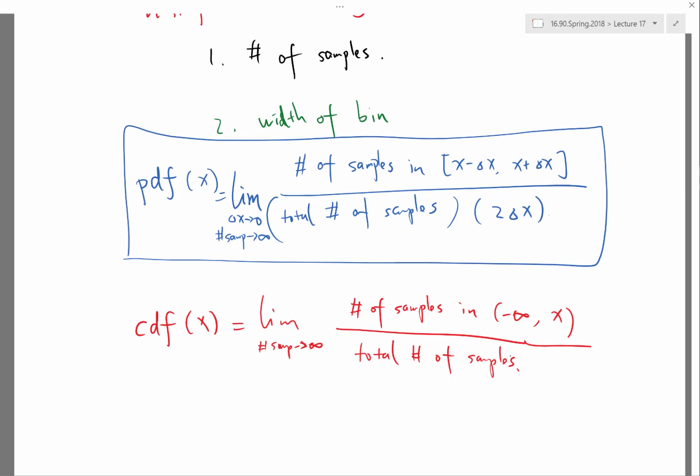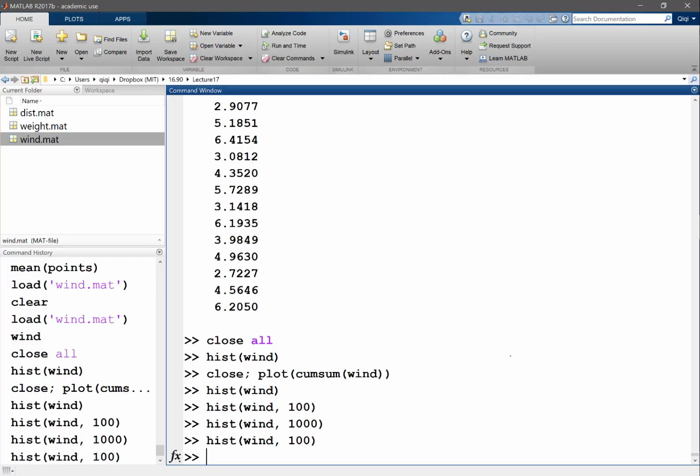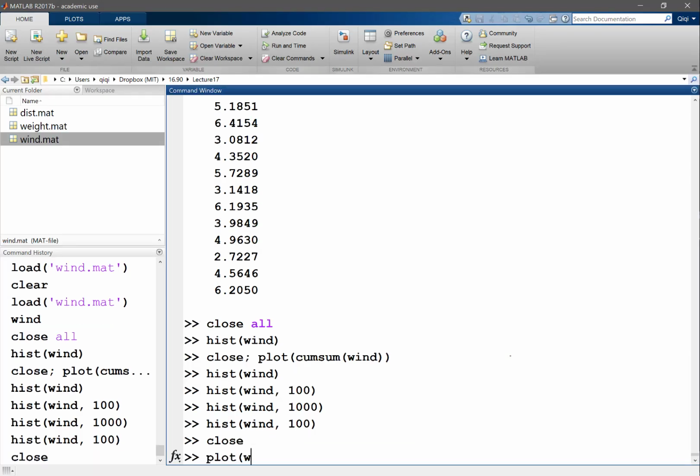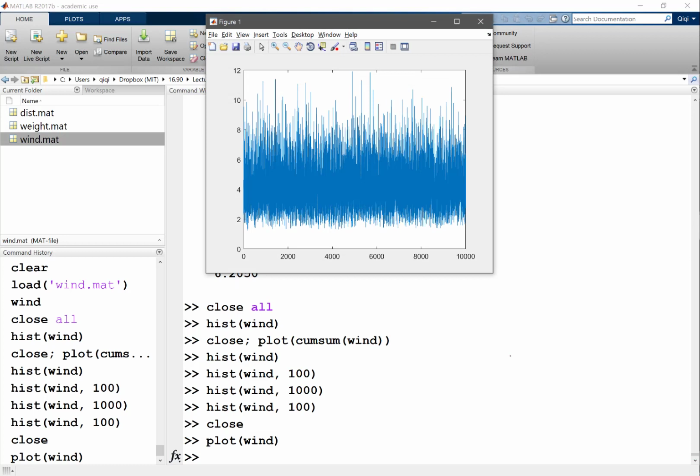All right, I said in MATLAB there is a very natural way of plotting the CDF. Can somebody again think of how do you do that? If you say just plot wind. What if I just plot wind? That's what I get.